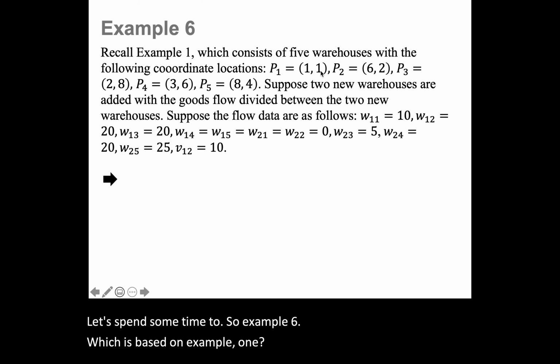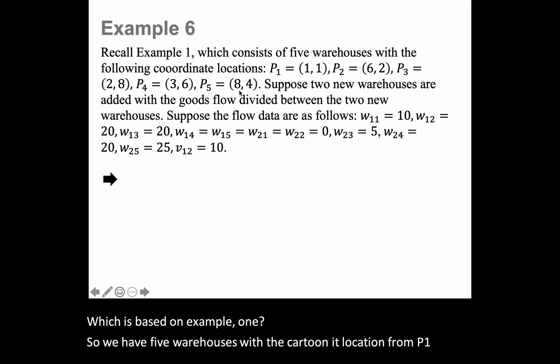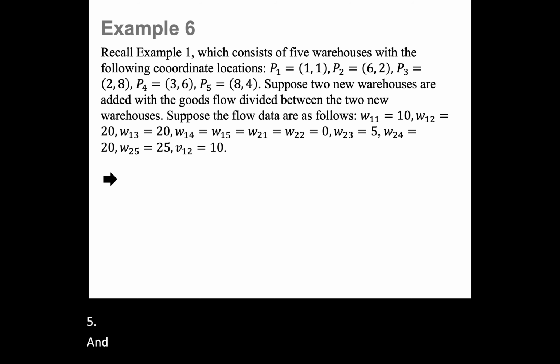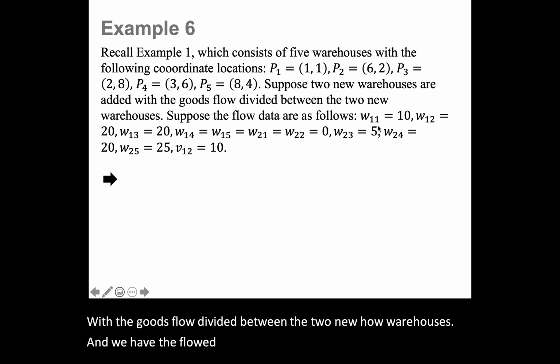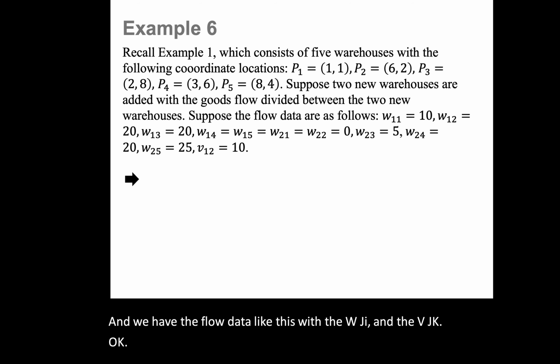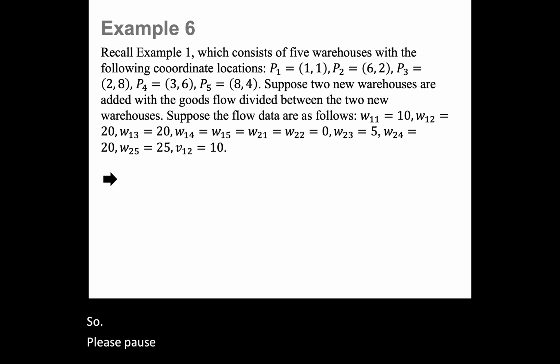We have 5 warehouses with the coordinate locations from P1 to P5, and suppose that we consider building 2 new warehouses with the goods flow divided between the 2 new warehouses, and we have the flow data like this with the w_ji and the v_jk. Okay, so please pause this video and try to solve it yourself with the solver.